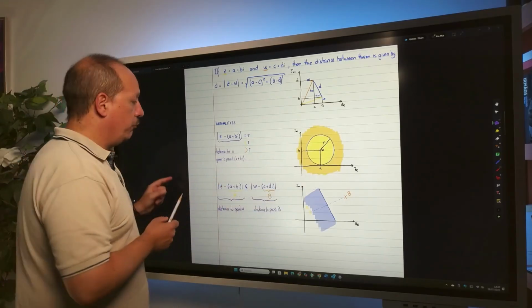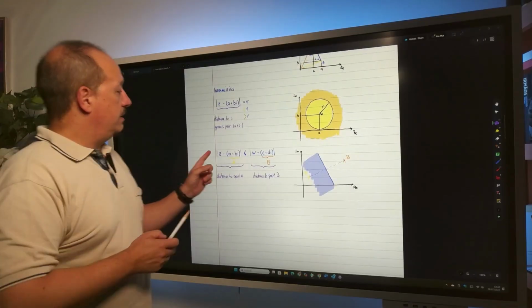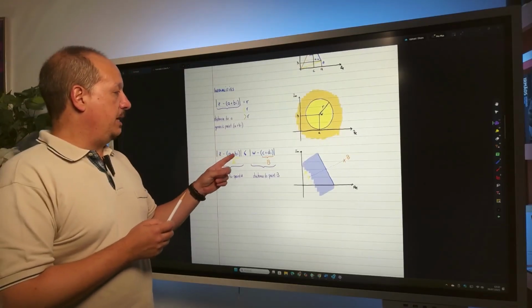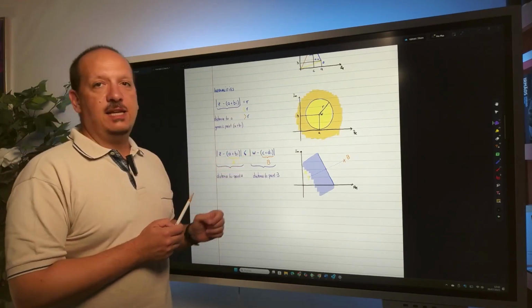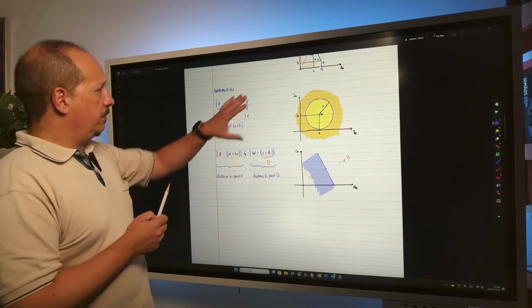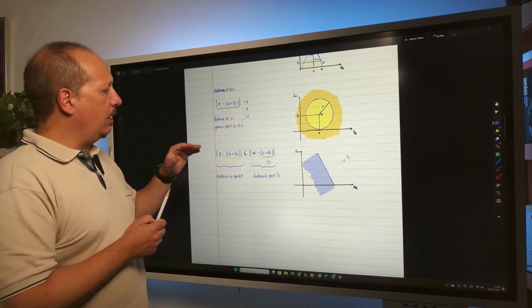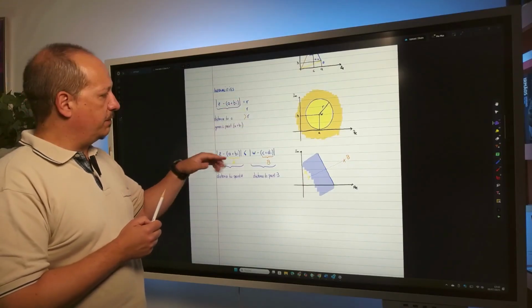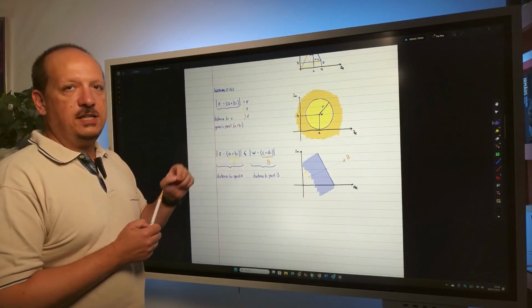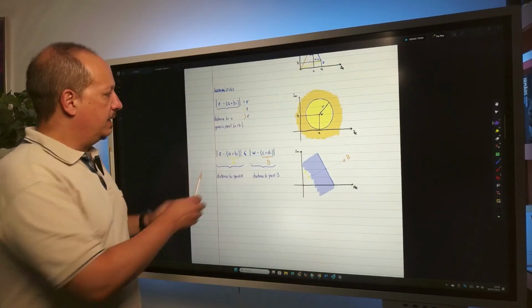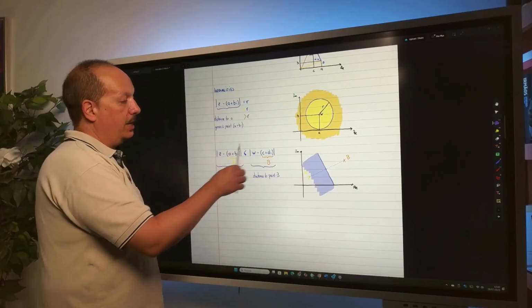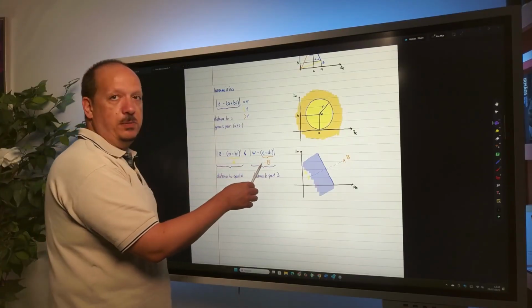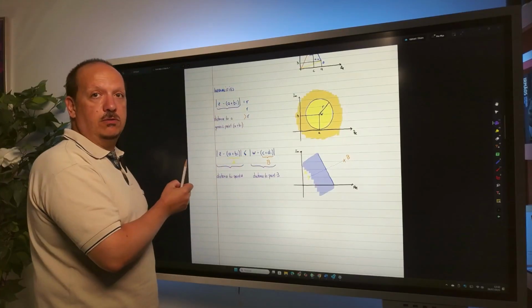Okay? What if we have this? The modulus of z minus a plus bi is smaller or equal to the modulus of z minus c plus di. As in the first example, I want you first to think of the situation in which this is an equal. What are we saying? This is a distance to a point A, and this is a distance to a point B, as we saw before, right?